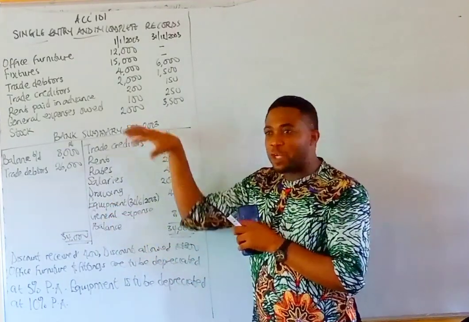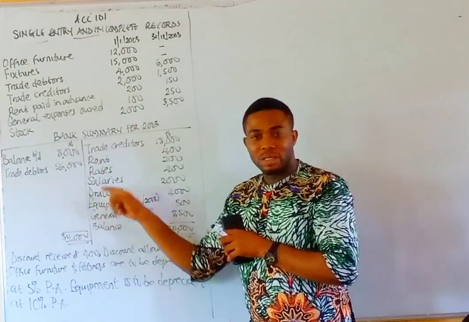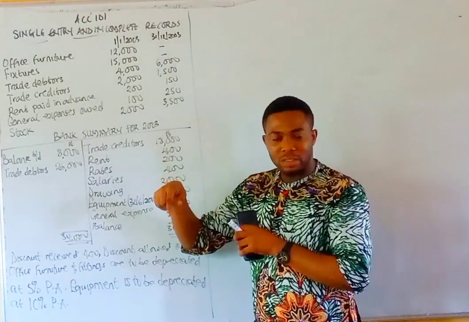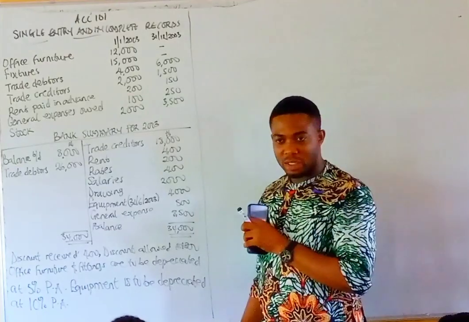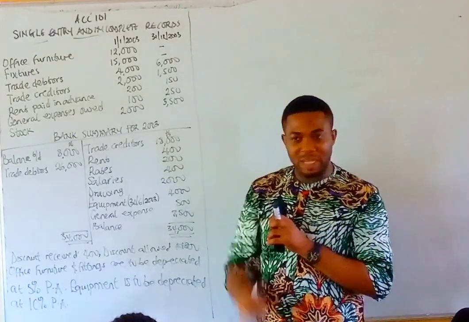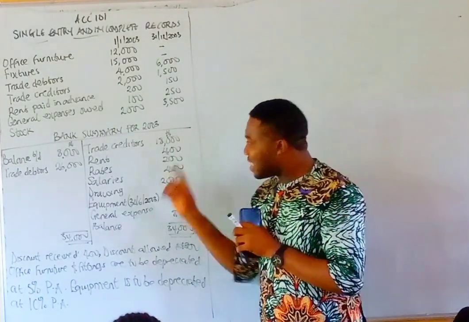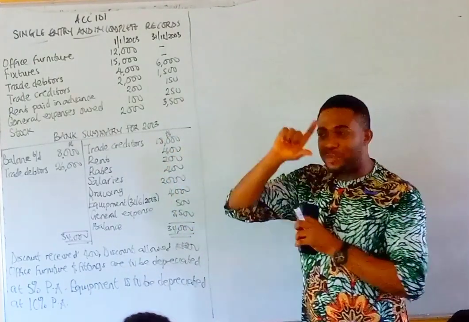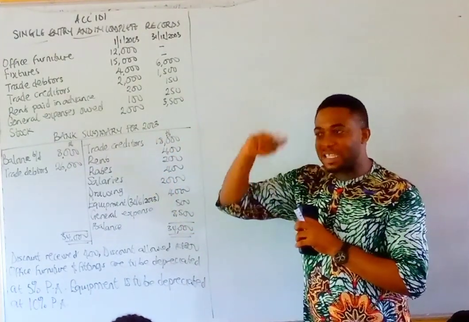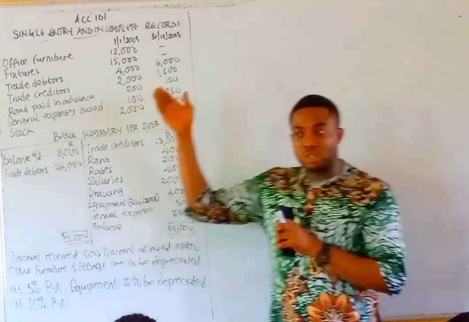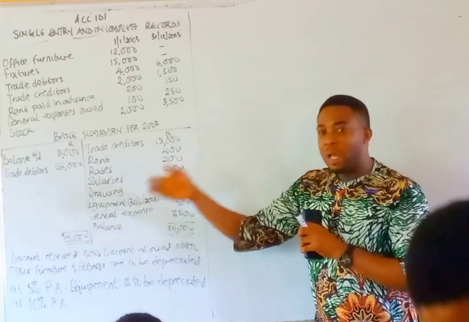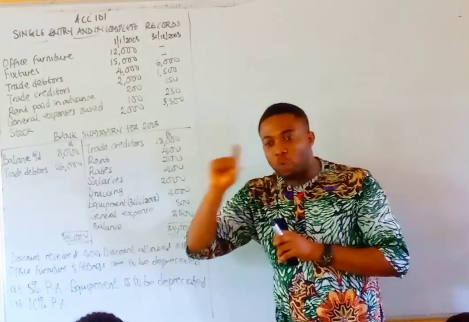So I said if a question comes with this, there is no need for that. You understand what I said? You were not paying attention. That's what I said. Step 2, prepare a cash book, in brackets, to get receipt from debtors and drawings figure. I said the essence of that was those 2 items.